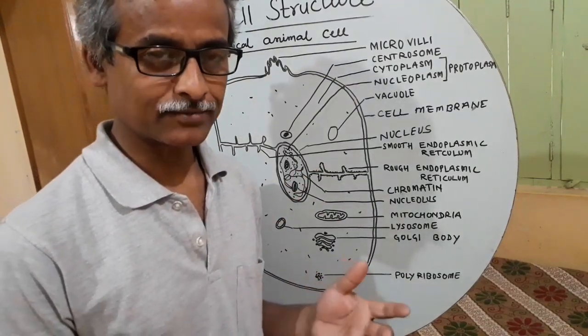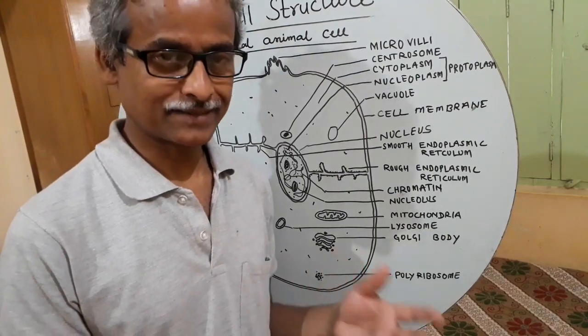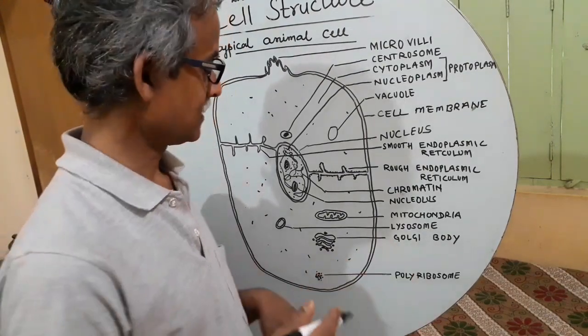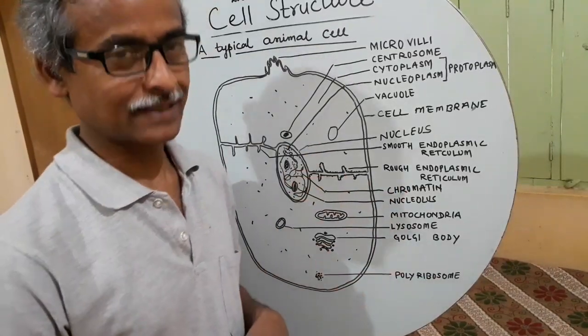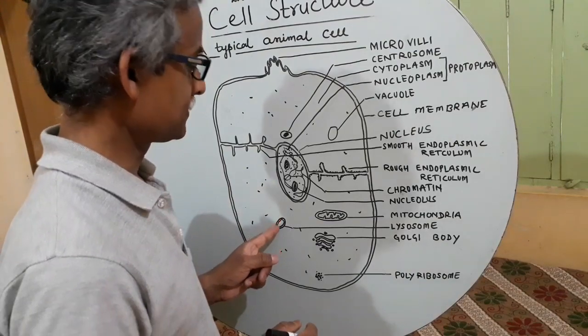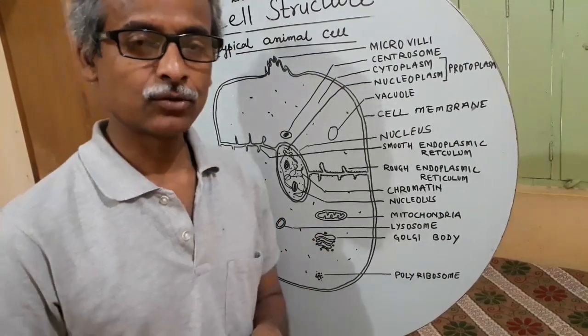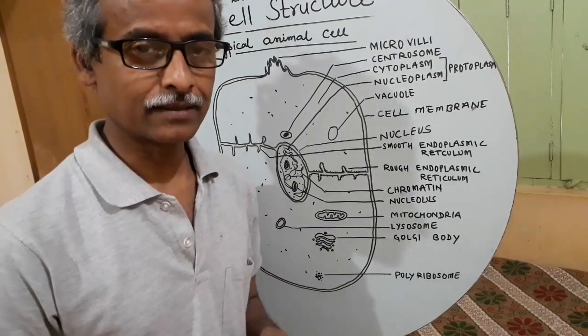The cytoplasm is digested, degenerated, and so the cell dies. That's why this lysosome is also known as suicidal bag.